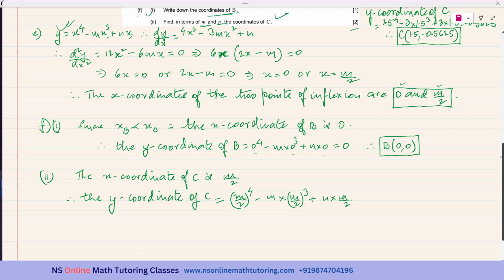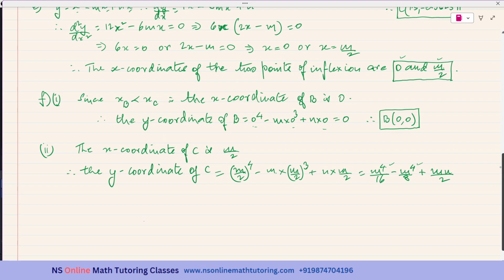So this is equal to m to the power of 4 over 2 to the power of 4, which is 16. And this is m cubed times m, which is m to the power of 4, over 2 cubed, which is 8. And this is nm, or I'm writing mn over 2. These are like terms, so I can group them. I can get a single term out of these two terms. So the denominator has to be 16.